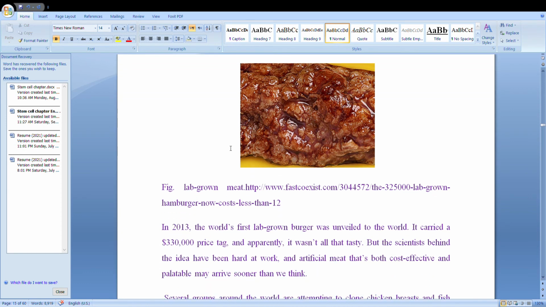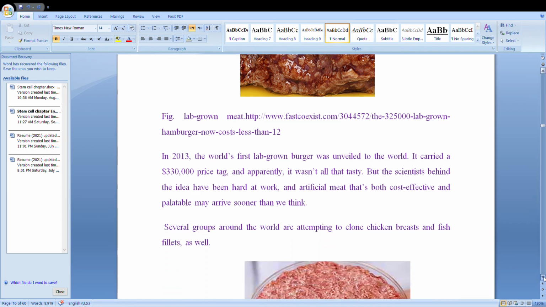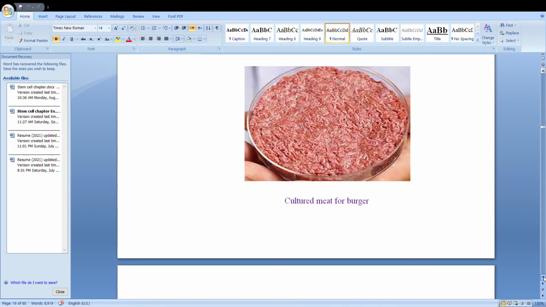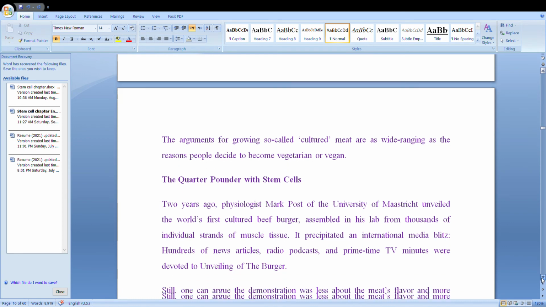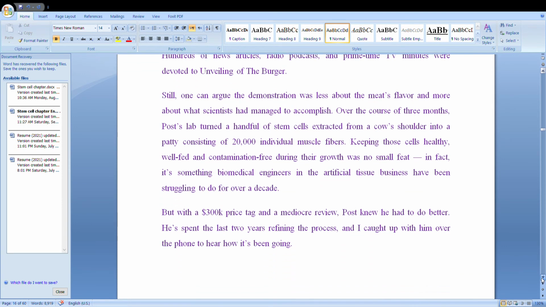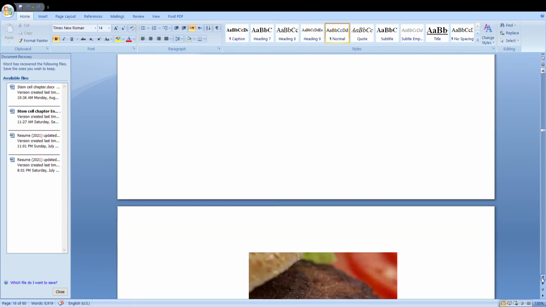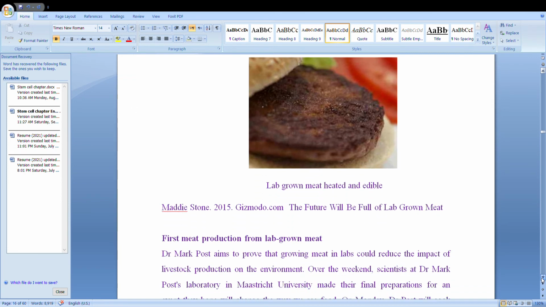Lab grown meats. This is the lab grown meat. They produce the meat in the laboratory. You can see the picture. They also cultured meat for burger. They produce this in the laboratory from the meat sample. So here we can see they also heated the lab grown meat, and it is edible meat.